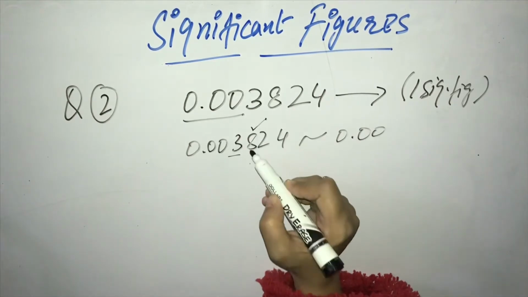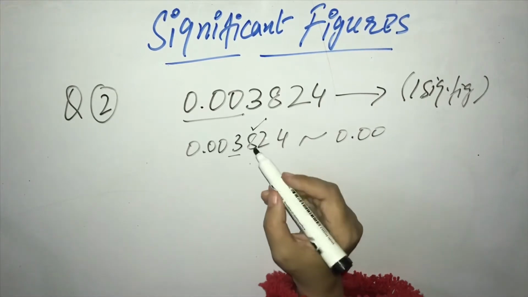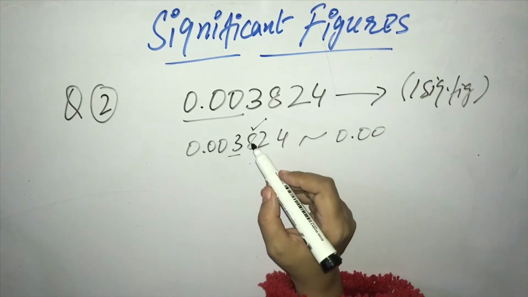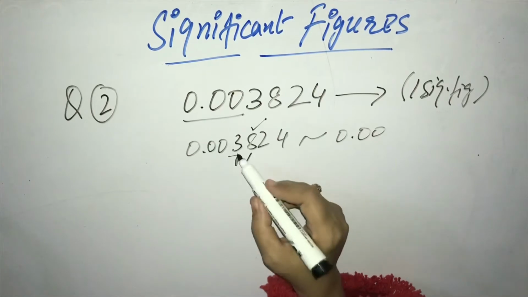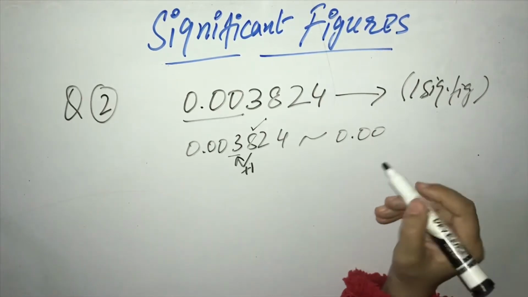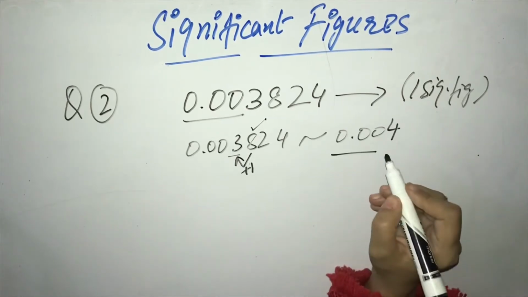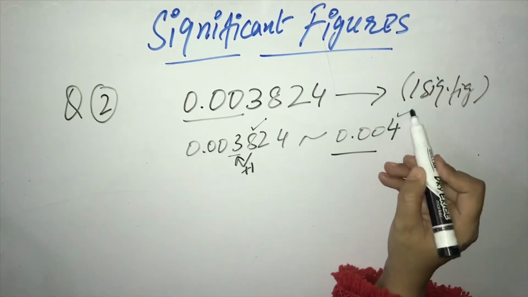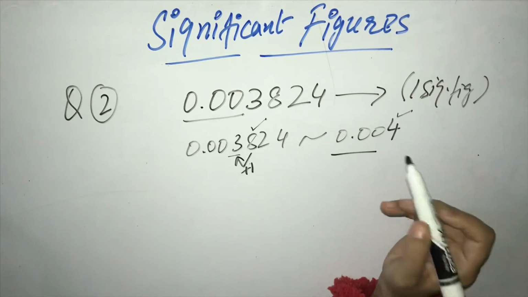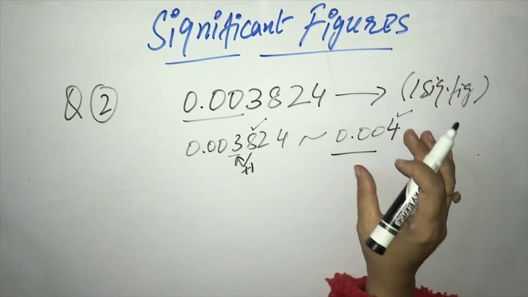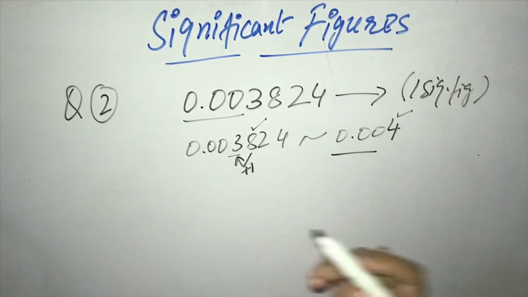I shall check the second non-zero number, the number after the first non-zero number. This is 8, which is more than 5. So I shall give 1 to the previous number, 3, and my final answer will be 0.004. This answer has one significant figure, which is 4, but this part, 0.00, will be part of the answer.